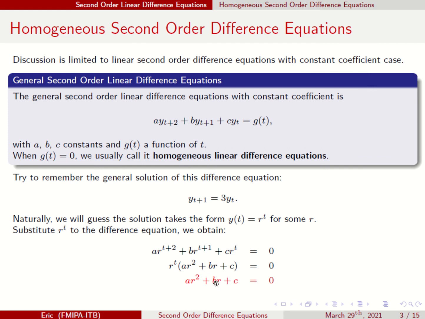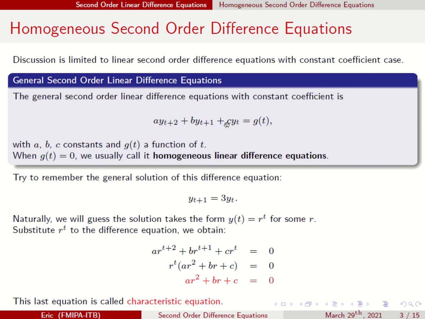If the discriminant is less than 0, you do not have any real solution. This last equation we usually call the characteristic equation. This is very, very important.